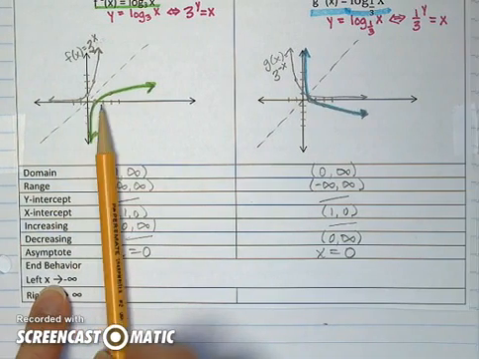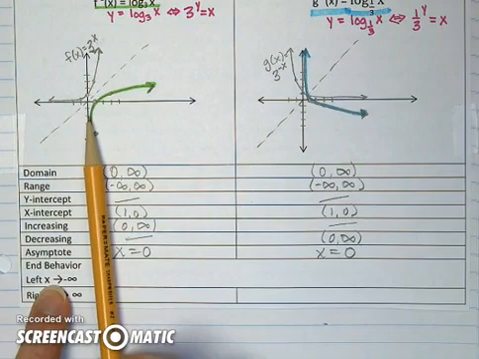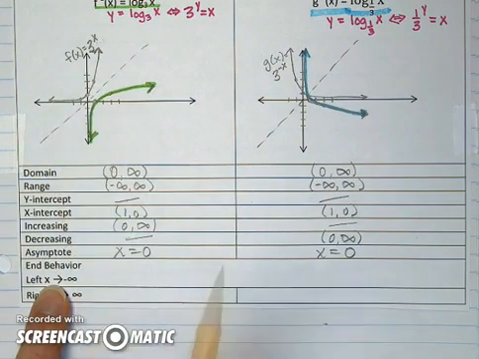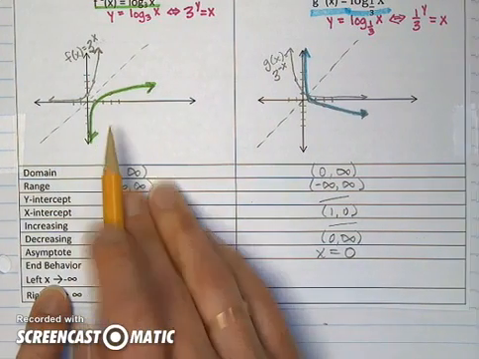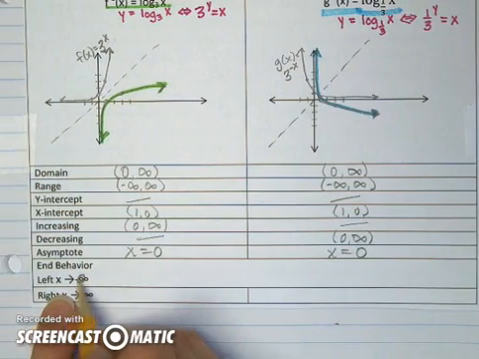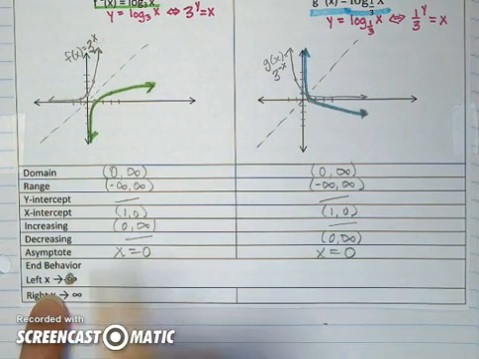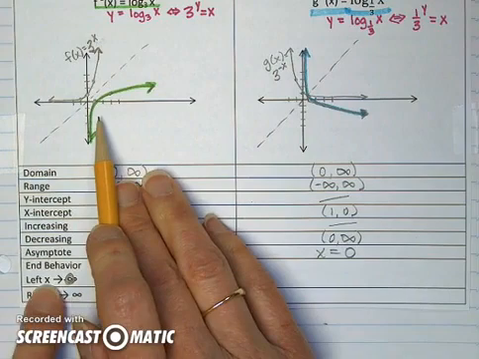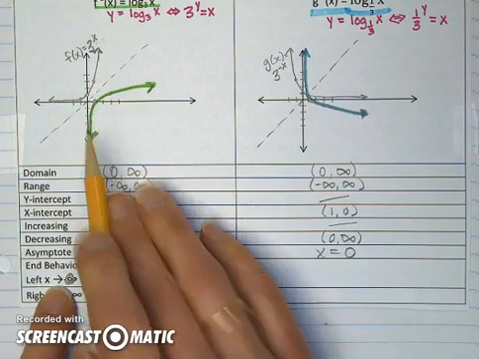This shouldn't be a negative infinity right here. This should be a 0. I'm looking at the graph thinking that's not right. So as x is approaching 0, the function is approaching negative infinity.